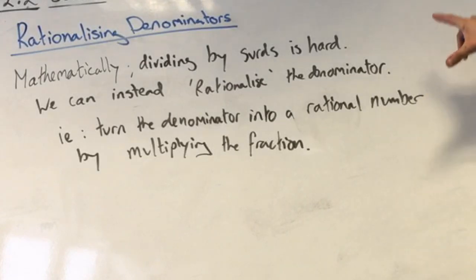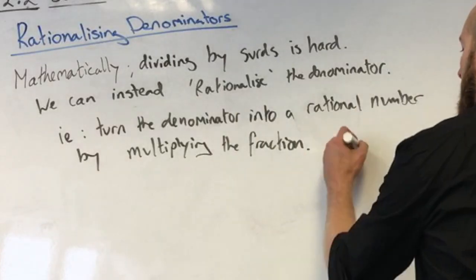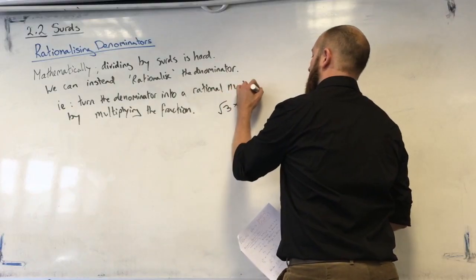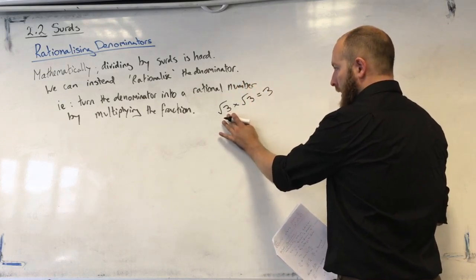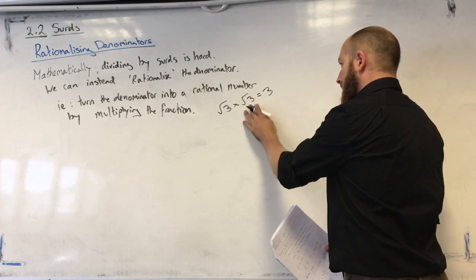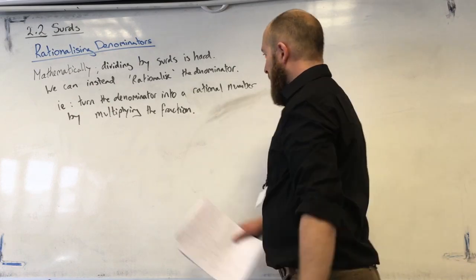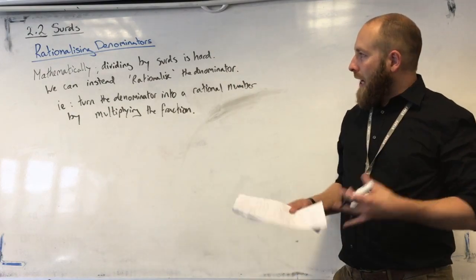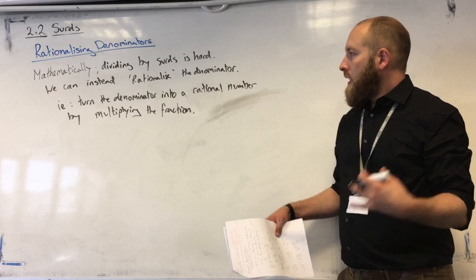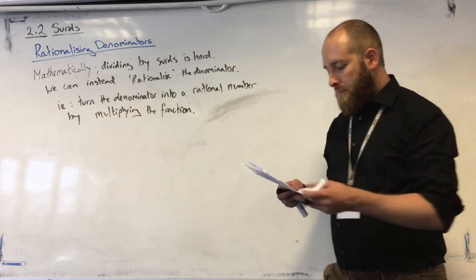So to turn a surd into a rational number, as you saw in the last example when we times root 3 by root 3, you can rationalise the surd root 3 by timesing it by itself and getting a rational number. So when we've got a fraction that has a surd as a denominator, we can try and times the whole fraction by the surd, and it will turn the denominator rational and make it into a number.